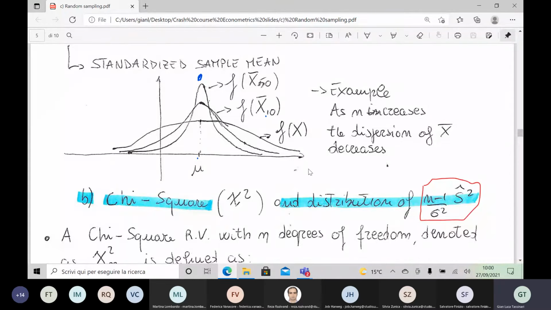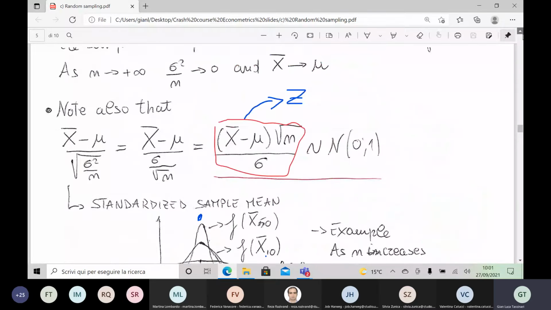If we report x here and f of x on the vertical axis, the one I'm touching now, the distribution with the lower peak, can be seen, for example, as the distribution of x. X, guys, is normal with mean mu and variance sigma square. So this can be seen as a distribution of x, but also as a distribution of who?